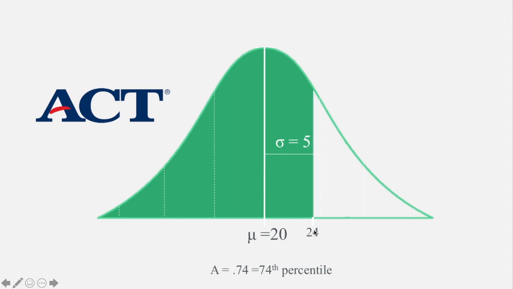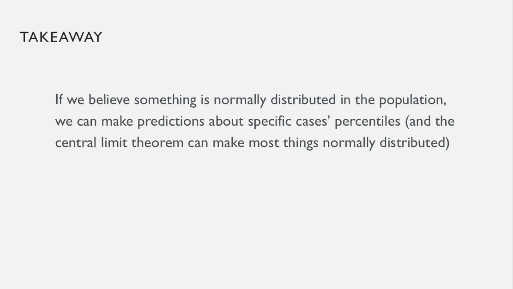When we get different scores, we're able to see where they fit on the distribution, because normal distributions are divided up certain ways. If we believe something is normally distributed in the population, we can make predictions about specific cases and percentiles, and the central limit theorem can make most things normally distributed.